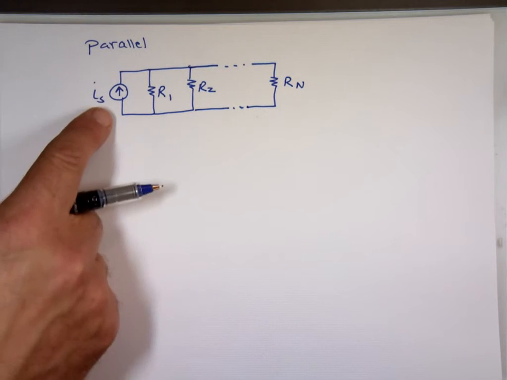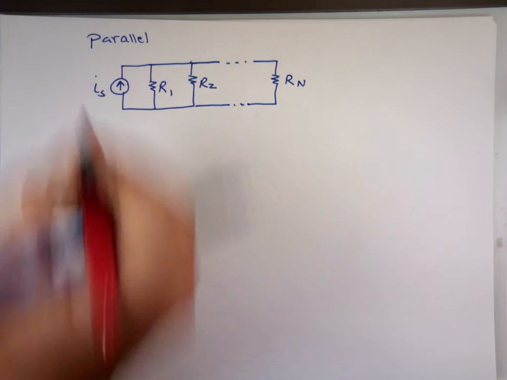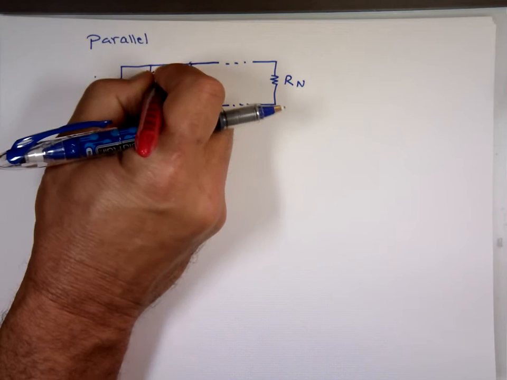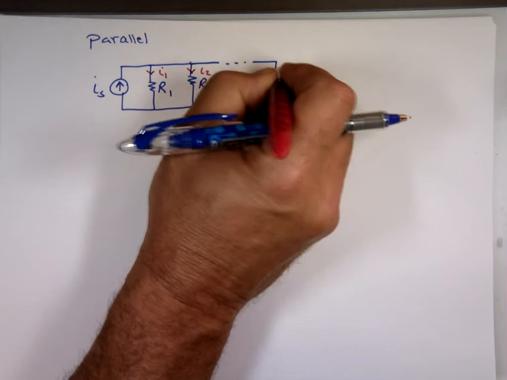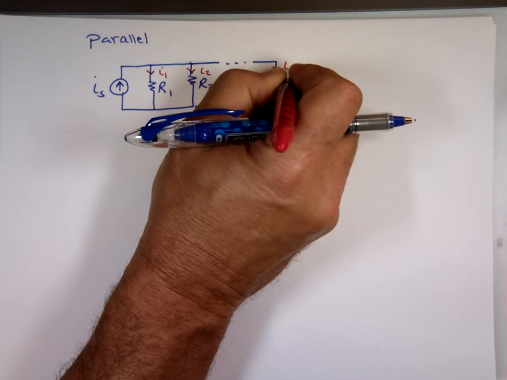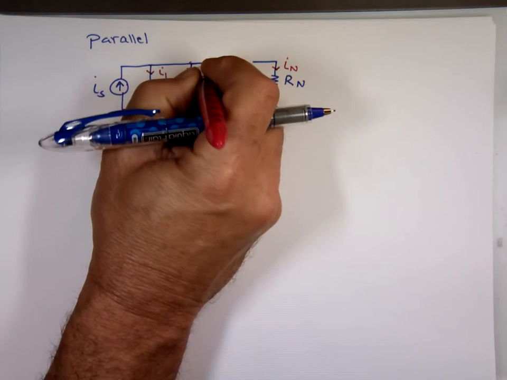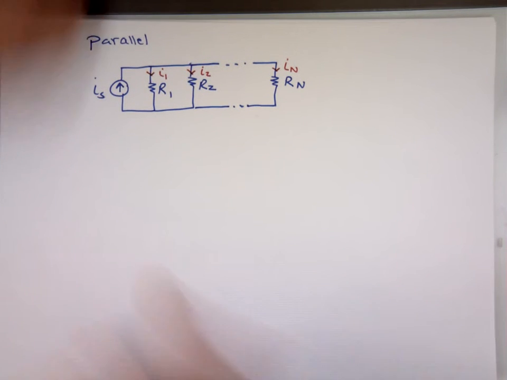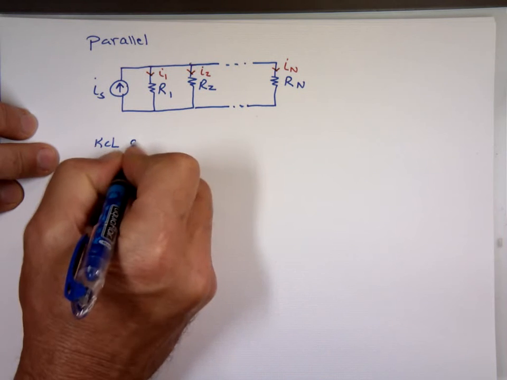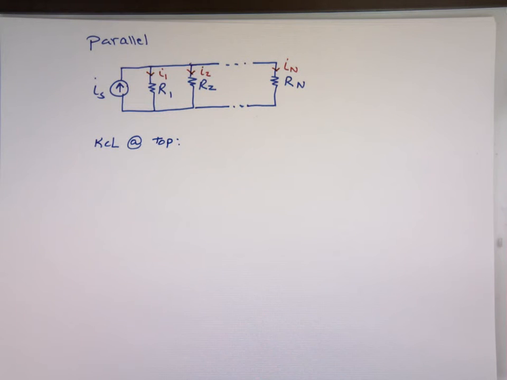The source pushing current up, the current's going to get to the top, it's going to split and start to come down. There'll be current coming down this way, we're going to call that current I sub 1. There's current coming down this way, we'll call it I sub 2. There's one coming down this way, that's I sub N. If we do KCL at the top, the current in equals the current out.